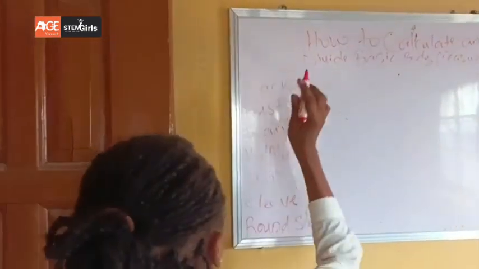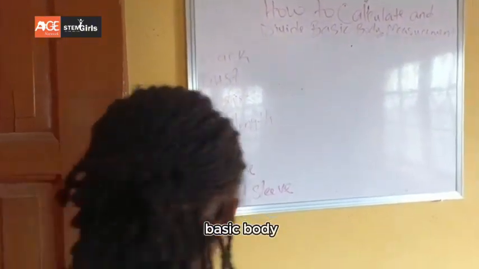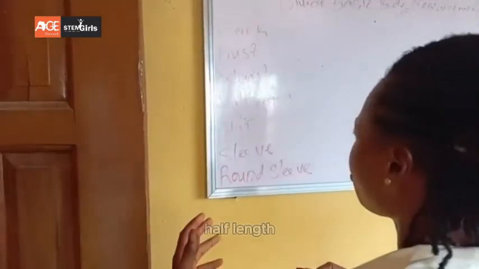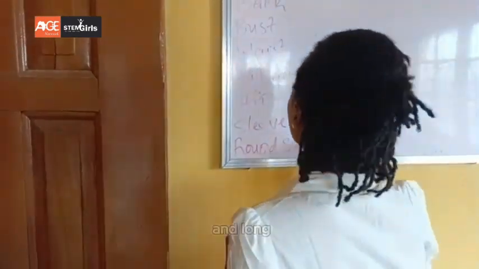Now these are the basic body measurements. We have the back, the bust, the waist, half length, the hips, the sleeve, and the round sleeve.